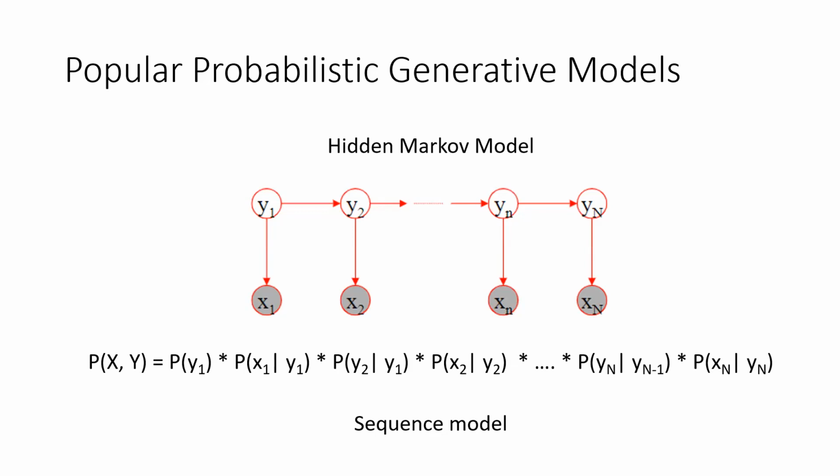So x1 only depends on y1, and every y only depends on its previous y. Okay, except for the first one, which has no previous one. So y1 doesn't depend on anything, so we have to create a probability distribution for y1. Okay, and that's how we define the probability distribution of the hidden Markov model. Any questions on the hidden Markov model?